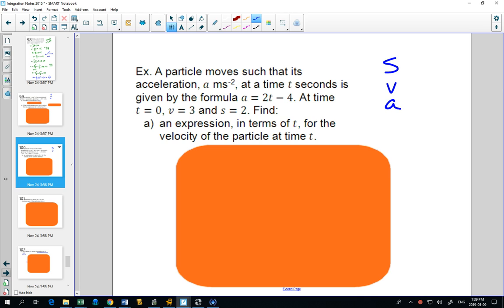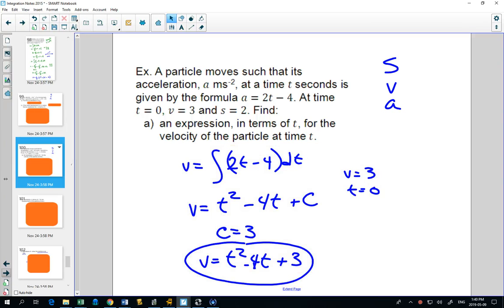So we're given the acceleration, we're given that at time 0 we have an initial velocity and initial displacement. We want to find the velocity, so we integrate. Again, find out that c is 3.